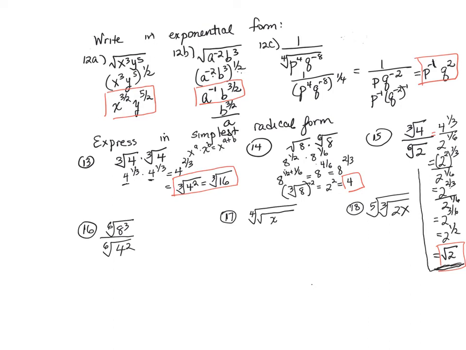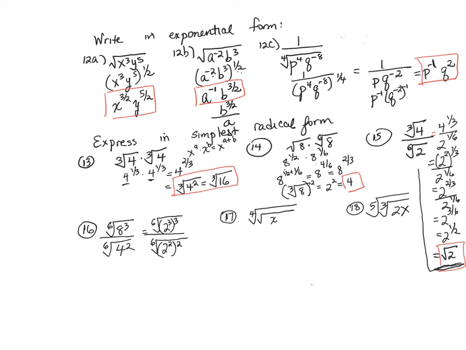All right, now let's take a look at 16. So in the same way, I'd like to divide, and I have to get a common base. I think the easiest way to handle this is to rewrite it as the 6th root of 2 cubed, which is 8 cubed. And this is the 6th root of 2 squared, which is 4 squared.